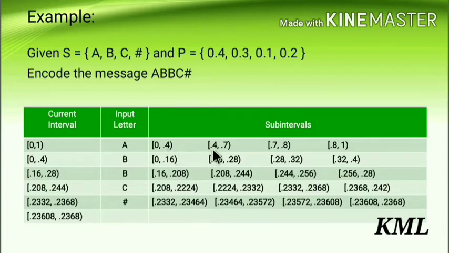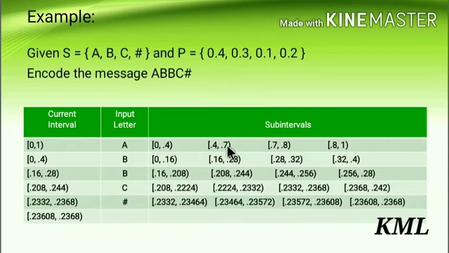Now for finding the next subinterval, what you do? Take the right interval of previous one as the left interval of current one. So this 0.4 comes here. Now how to find this? Just take the sum of these two. So 0.4 plus 0.3 you get 0.7.